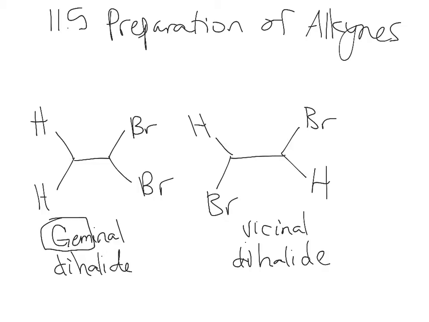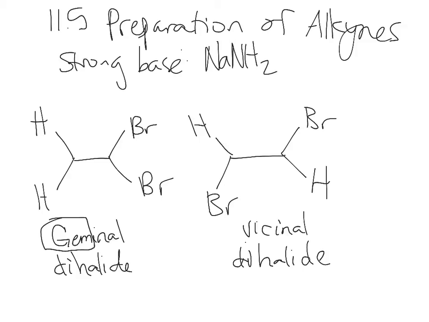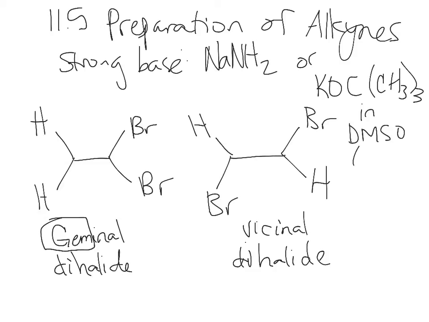If we introduce a strong base, so strong base being something like NaNH2, sodium amide, or our favorite one, potassium t-butoxide, and often that is in dimethyl sulfoxide as our solvent.